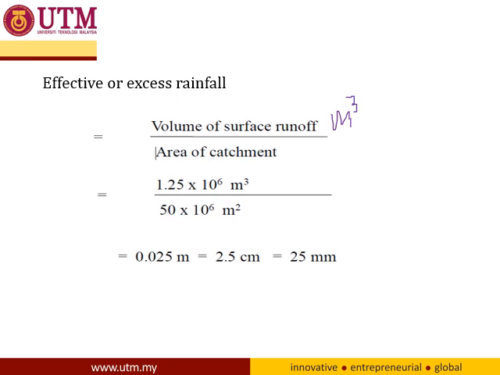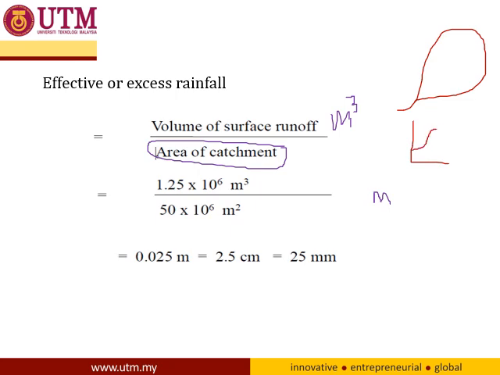So now, instead of volume, you want it in the unit of depth, in meter. So what you do is you divide by the catchment area. Why do you divide by the catchment area? Let's say this is your catchment, and this catchment produces a runoff, in volume, in meter cube.